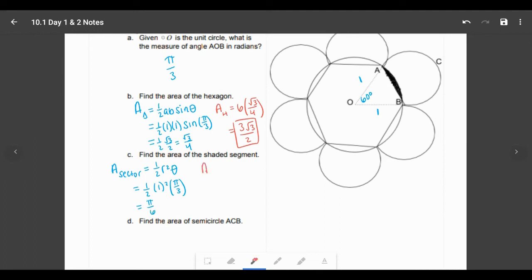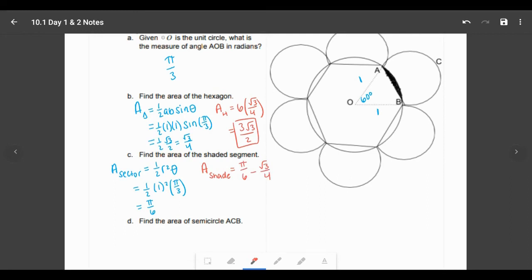So the area of the shaded is going to be congruent to the area of the sector, pi over 6, minus the area of the triangle, square root 3 over 4.